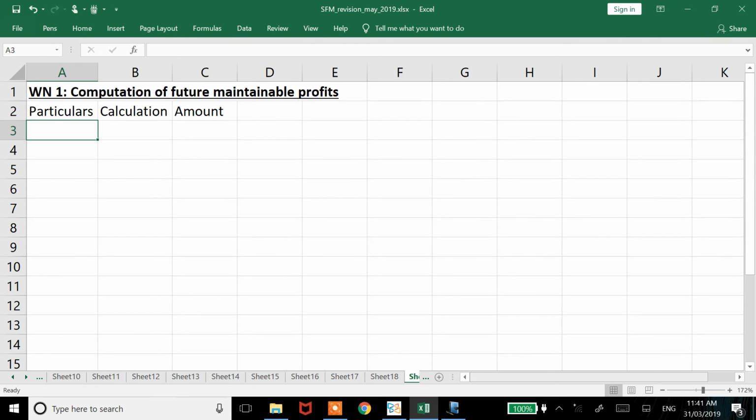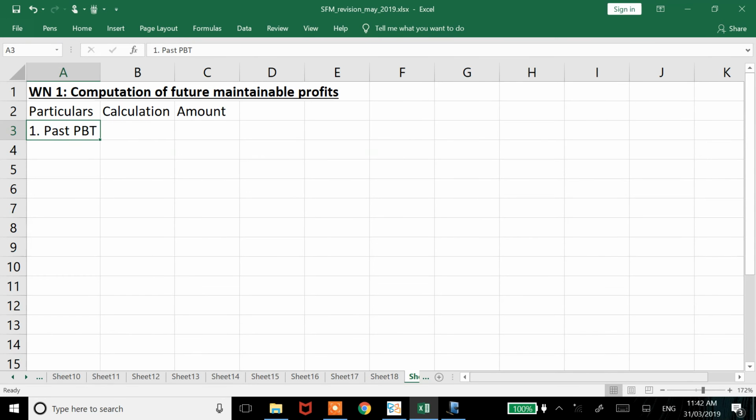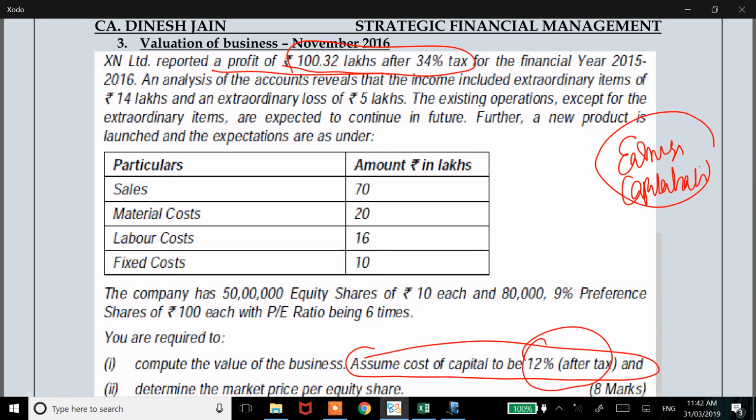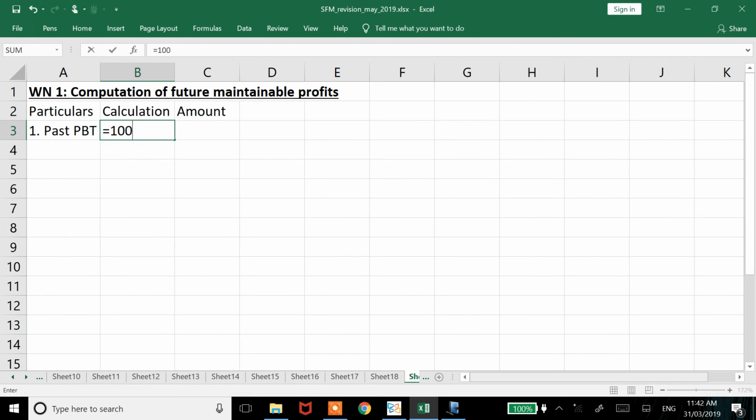Particulars, calculation, amount. Point number 1 is past PBT. My starting point is going to be past profit before tax. How will you calculate this? 100.32 divided by 66%. That is the past PBT.